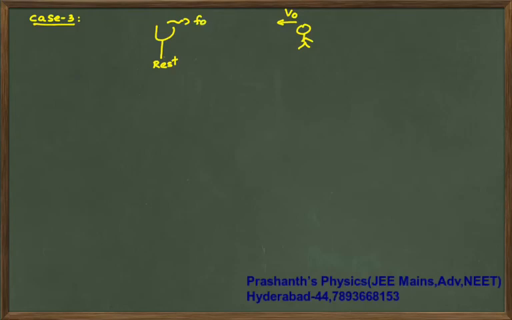In this case, what is your apparent frequency? Try it. Case 4: the source and listener are at rest. This source is going with Vs this way. Now, what is your apparent frequency?